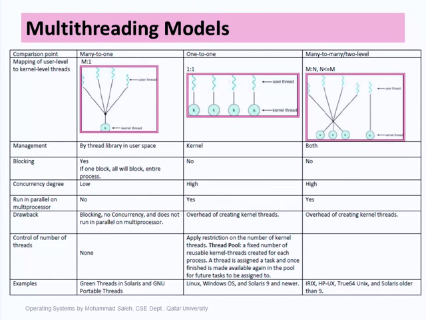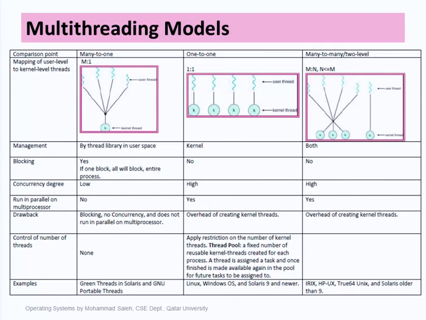And others do a mix of this and that. So they can map one-to-one or what? Many-to-many. But when I do many-to-many, of course, the number of threads at the user level has to be more than the number of threads at the kernel level, right?